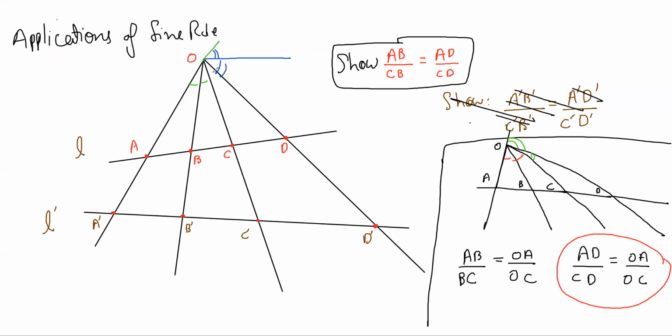The internal bisector and external bisector give you that ratio. So for this case, the problem is done.